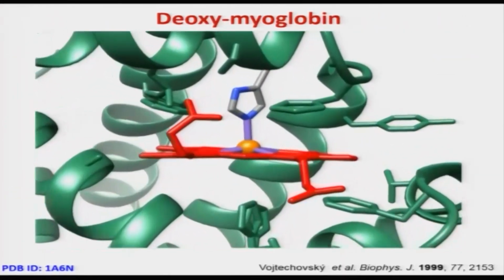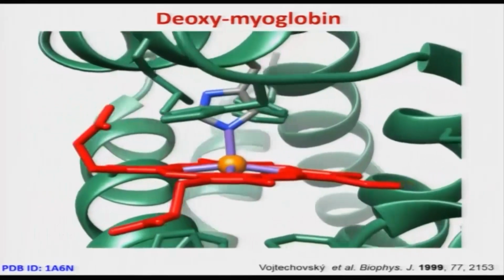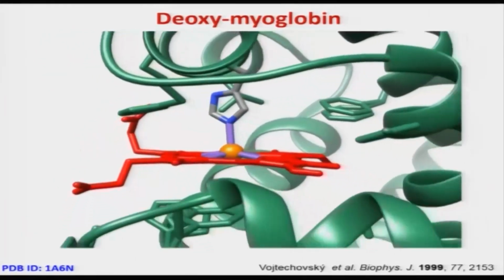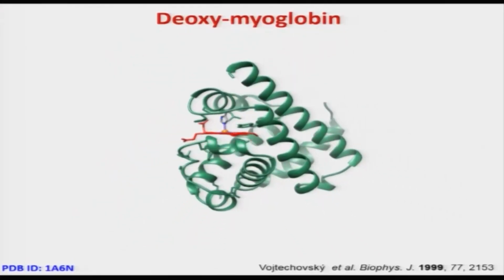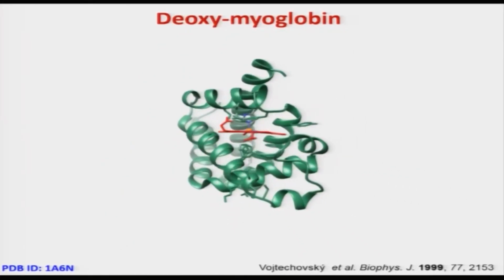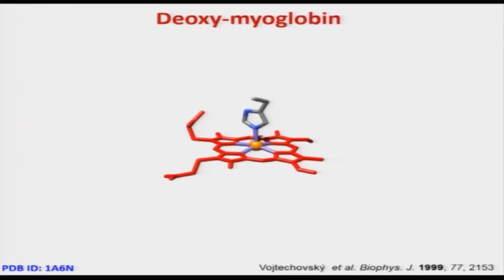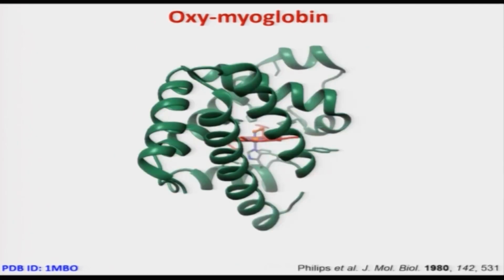Deoxymyoglobin is shown over here, and as one can see, the heme center is sitting inside the huge protein chains, which can easily be visualized just by removing the proteins. This is the iron center which indeed binds dioxygen.